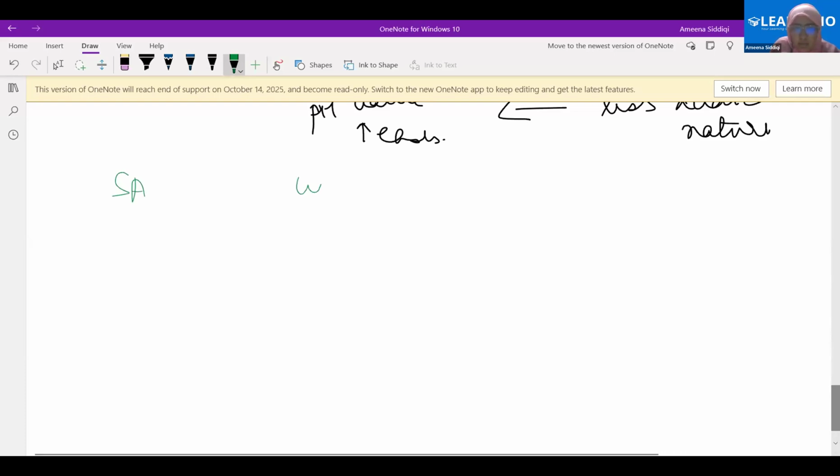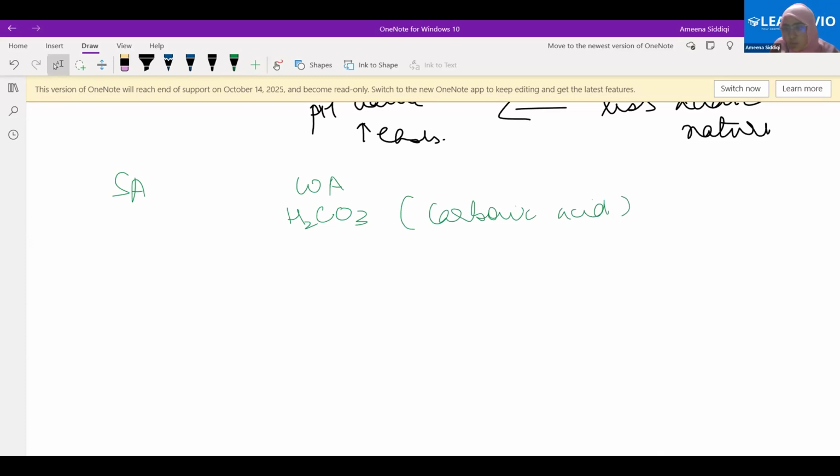Weak acids: H2CO3, that is carbonic acid. CH3COOH, acetic acid. This is enough. Just for the example part, you can write benzoic acid. No need to go for the formula.